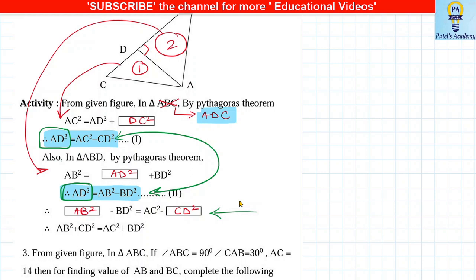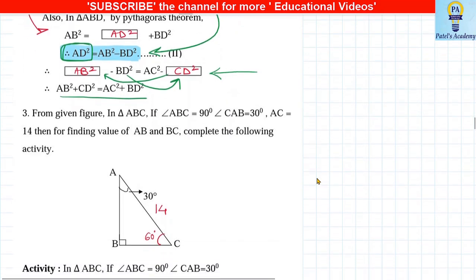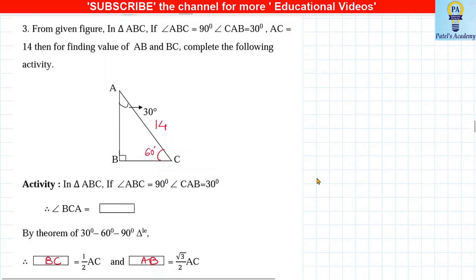Now we are just shifting BD square over here and CD square over here, and that is how we get the proving part. So it is two times Pythagoras theorem and shifting. Let's see the third one.